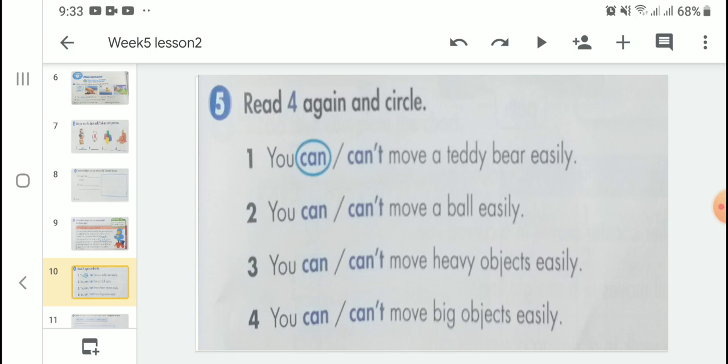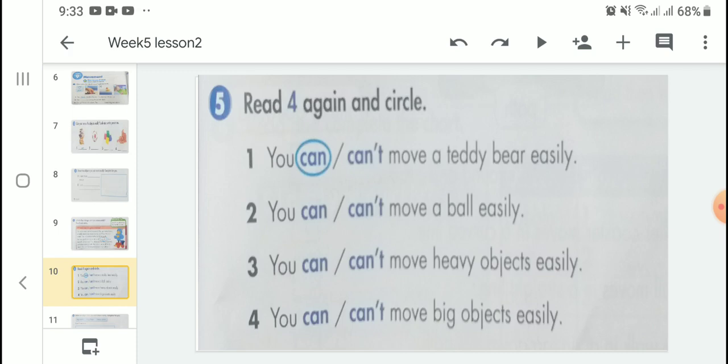Now look at question number 3. You can or can't move heavy objects easily. Now you will circle can't because heavy objects can't move easily. The fourth sentence is you can or can't move big objects easily. Again you will circle can't because big objects can't move easily.